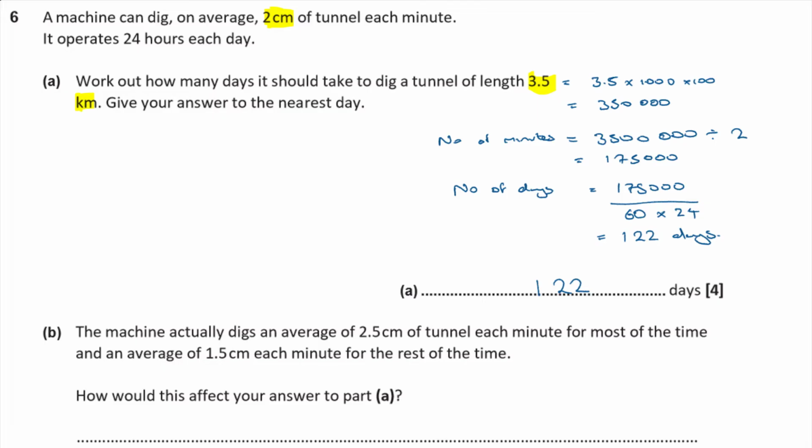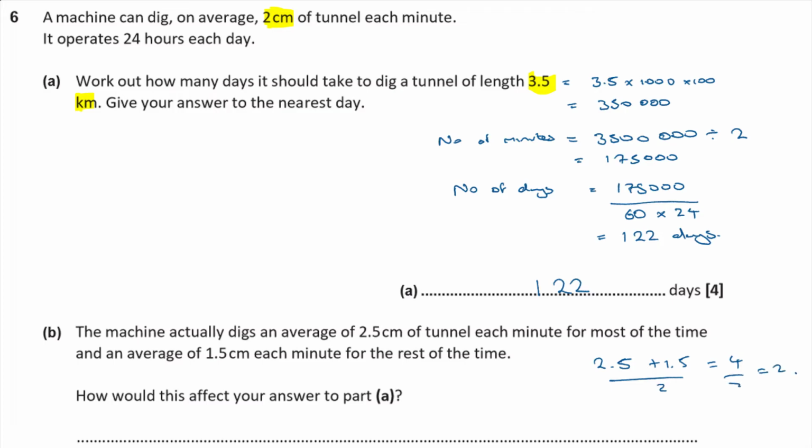If it digs 2.5 centimeters on average for most of the time and 1.5 on average for the rest of the time, that means that the average of those two things is going to be more than 2, isn't it? Because if they were the same amount of time, you added them together, 2.5 and 1.5, that would give you 4, and then divide it by 2 to find an average, give you 2.